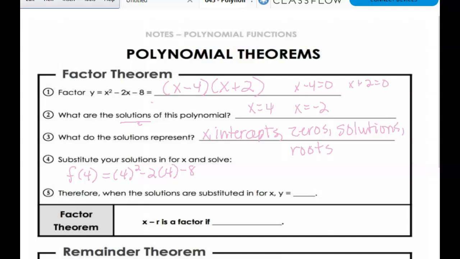So 16 minus 8 is 8. Minus 8 is 0. So if I substitute f of negative 2, I'm going to get negative 2 squared minus 2 times negative 2 minus 8. So I get 4 plus 4 is 8. Minus 8 gives me 0.